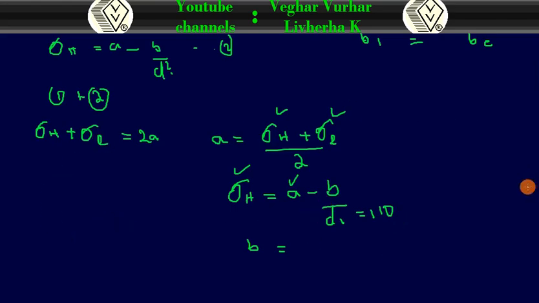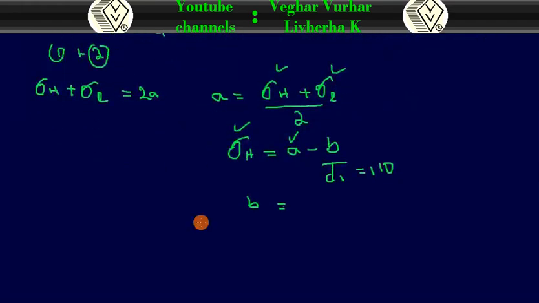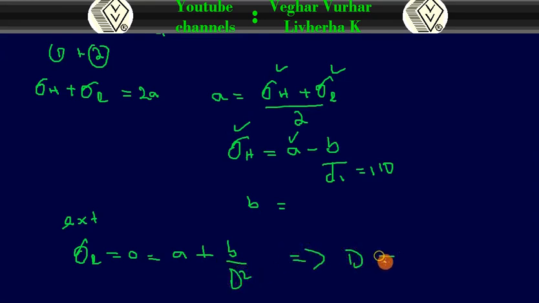And then when we get b, we are going to use this equation to get the value of d. So we are going to use the external equation, which is radial stress is 0 on the outside, because according to what is given there, and then making d the subject of the formula, we're going to get something like this.